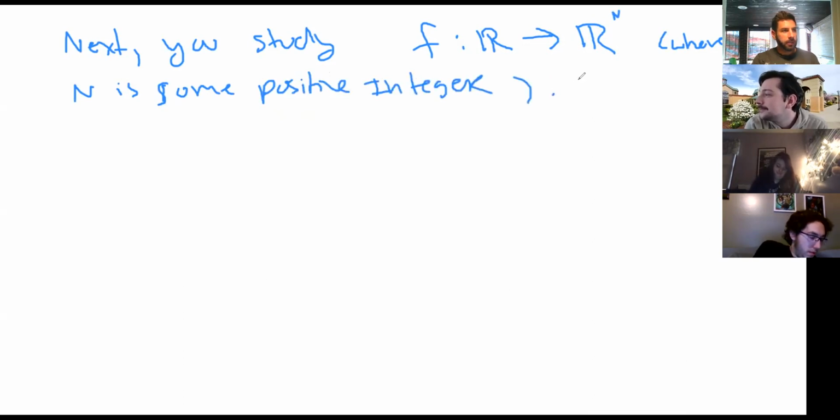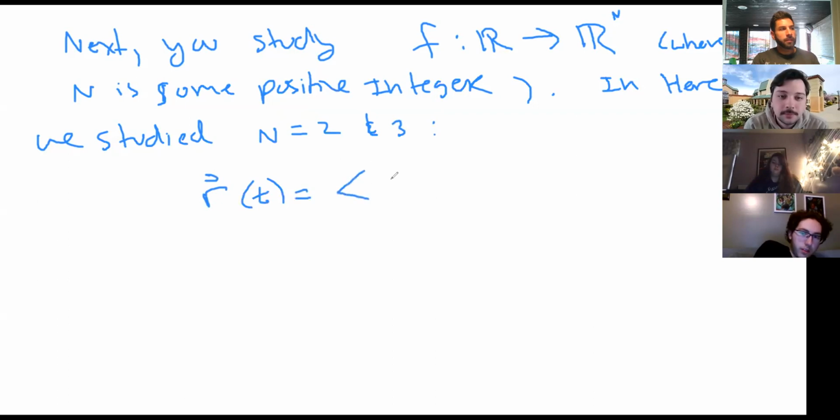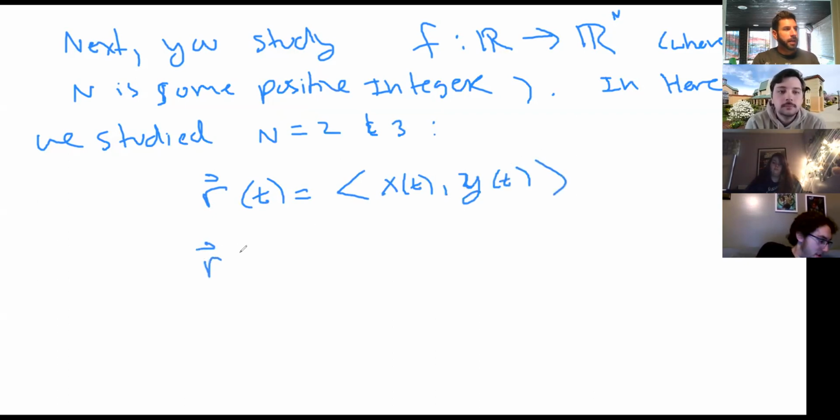So in our class, we studied the case n equals 2 and 3. So what did these look like? We wrote these like this. We might have something like this, or we might have something like this.